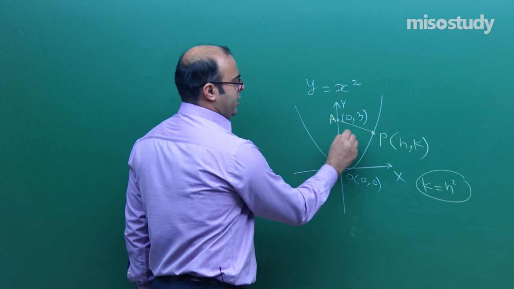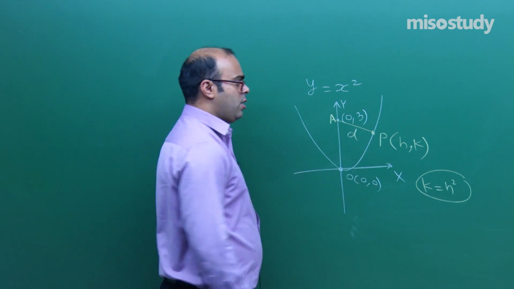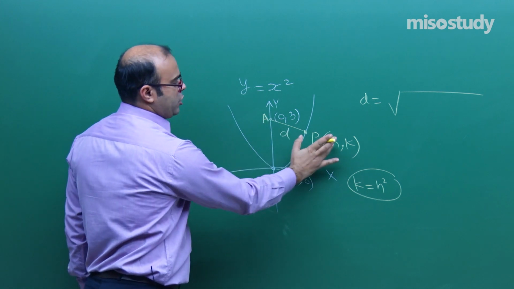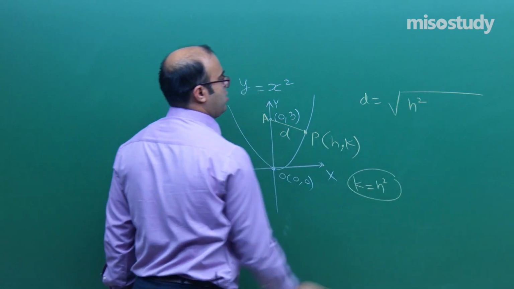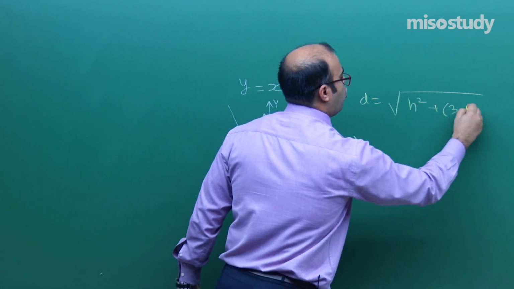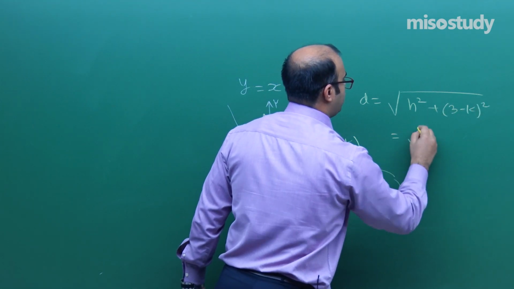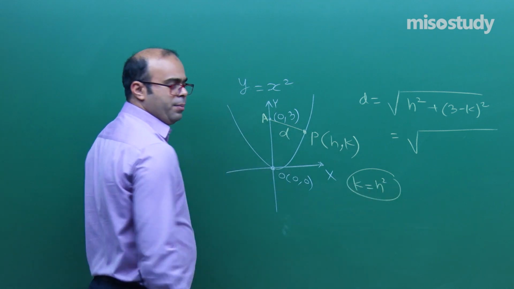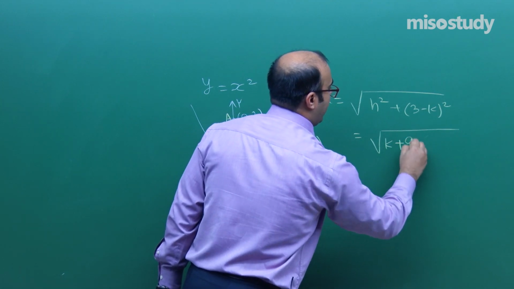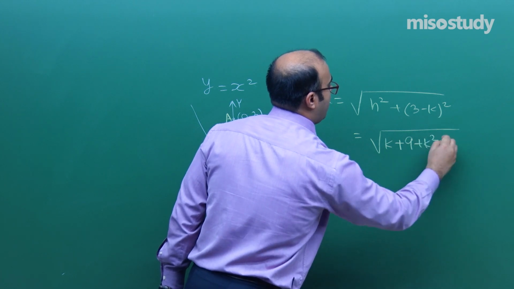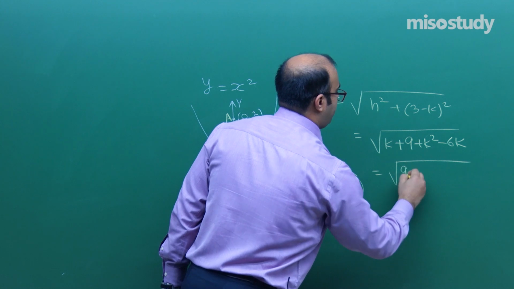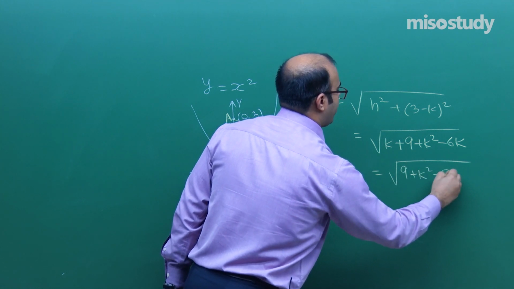Another thing is the distance d between A and P. That distance is equal to root over x1 minus x2 whole square, which is h square, plus y1 minus y2 whole square, which is 3 minus k whole square. This is root over h square, we can replace by k, so k plus, we expand this, 9 plus k square minus 6k. So this will become root over 9 plus k square minus 5k.